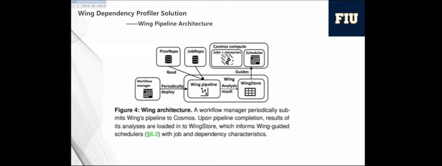The Prov repo is used by WinG to uncover historic inter-job dependencies, and from there, infer recurring dependencies between recurring jobs.